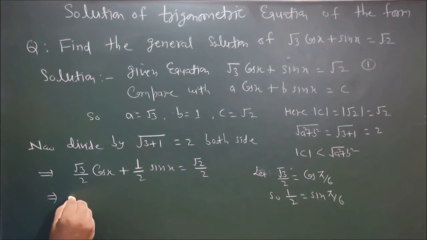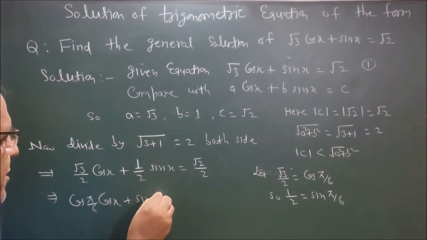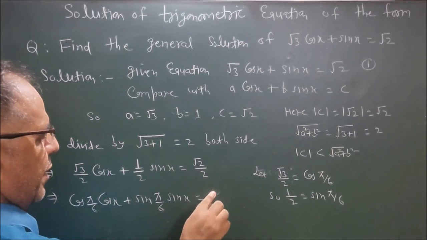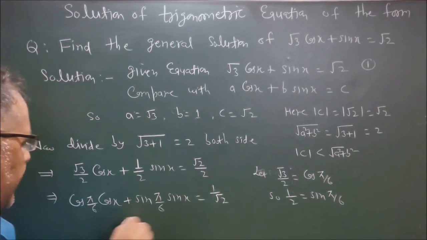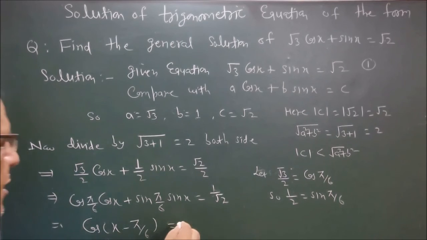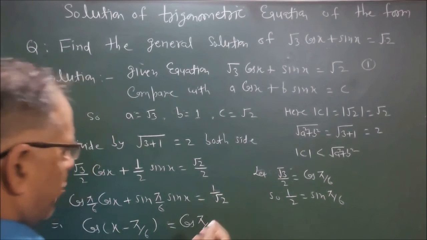So now we can write cos pi by 6 cos x plus sin pi by 6 sin x equal to 1 upon under root 2. The left hand side now becomes cos(x minus pi by 6). So if the left hand side is converted into the formula of cos, the right hand side is also converted into cos pi by 4, because cos 45 degrees is equal to 1 upon root 2.